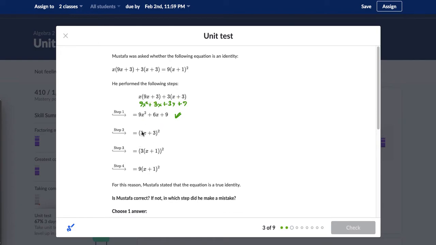Okay. So the next thing here is he's recognizing essentially a u plus v squared pattern, right? So the idea being that the first term, if we take the square root of it, we should have a 3x, right? We're just taking the square root of 9 and the square root of x squared. And the last term, we're taking the square root of that, so that's 3.